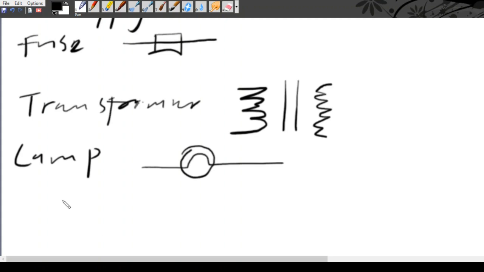Then this type of lamp is that of lighting. Then there is also another type of lamp which is an indicator.